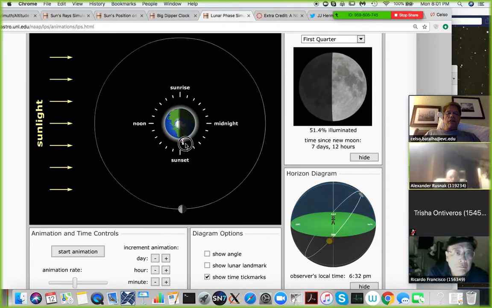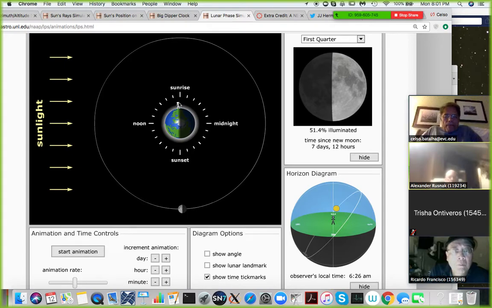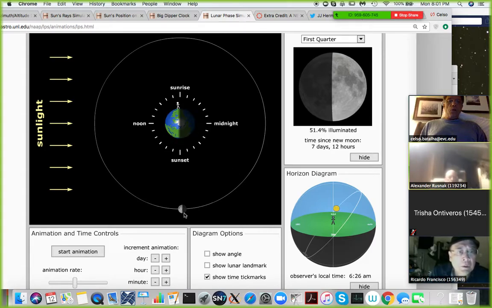Now, 6 hours later, midnight, the sun is in the lowest part. Of course, we don't see it. The moon is still first quarter. The moon is setting now. 6 hours later, we see the sun rising, and the moon is still first quarter.